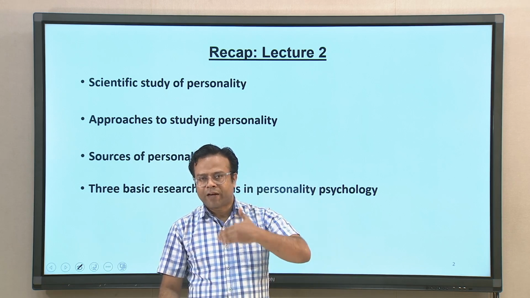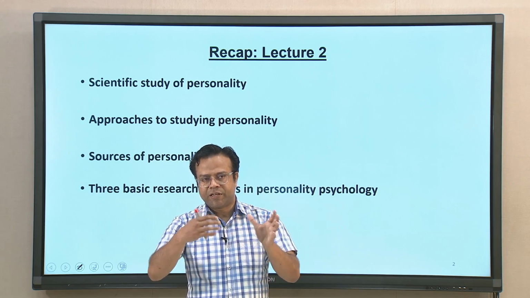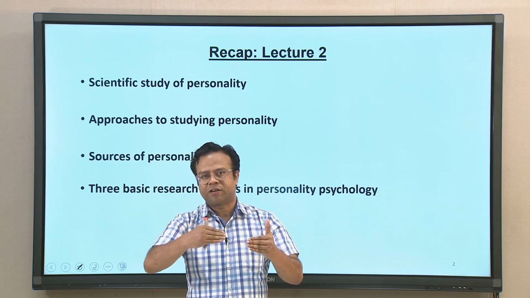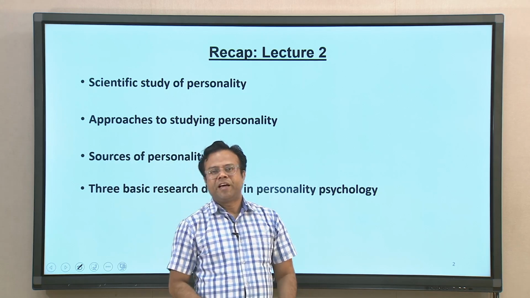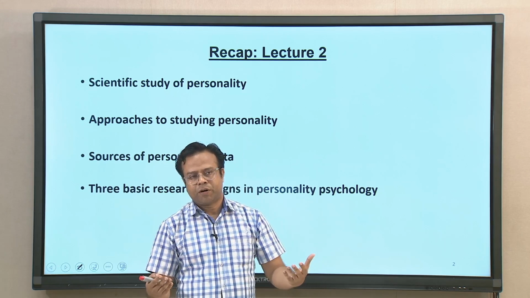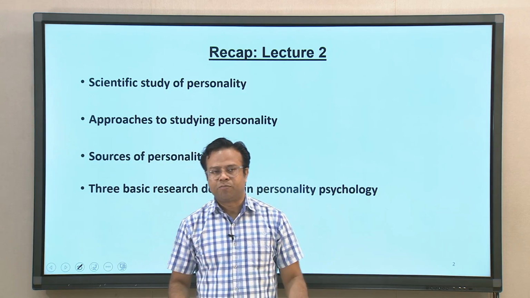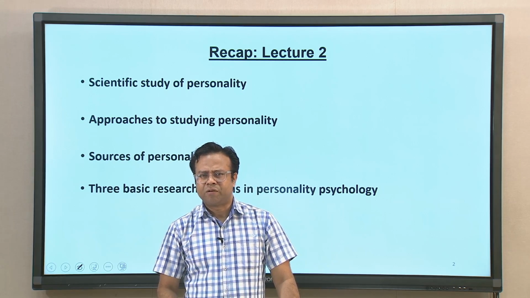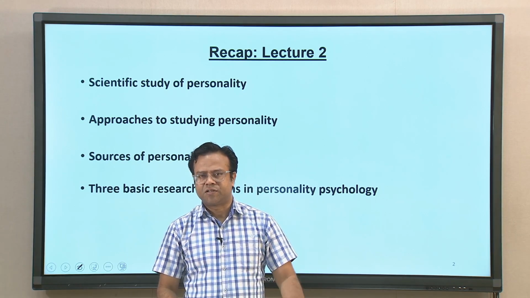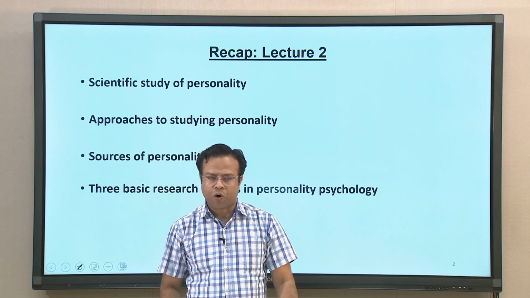Here, actions or behaviors are collected as data, not reports. Behavioral data also includes physiological data, where we see how the body reacts to different stimuli in the environment, which includes measuring blood pressure, skin resistance, brain imaging techniques and so on.